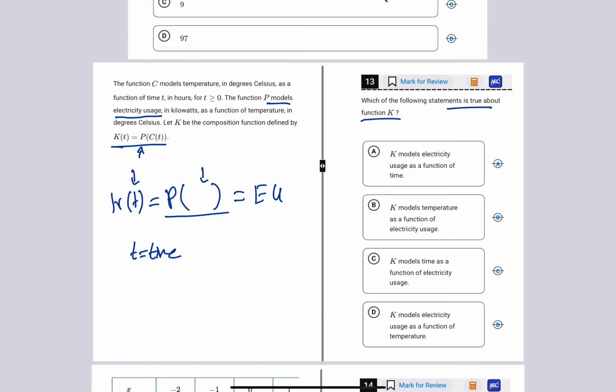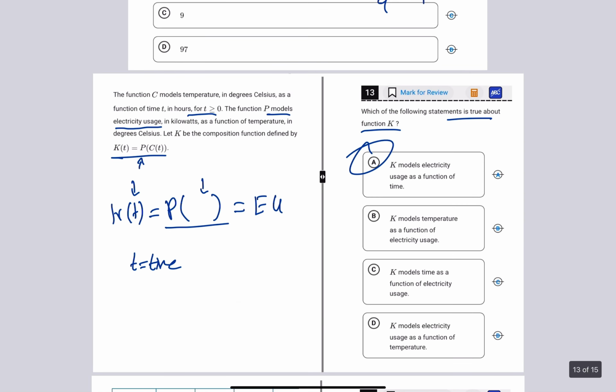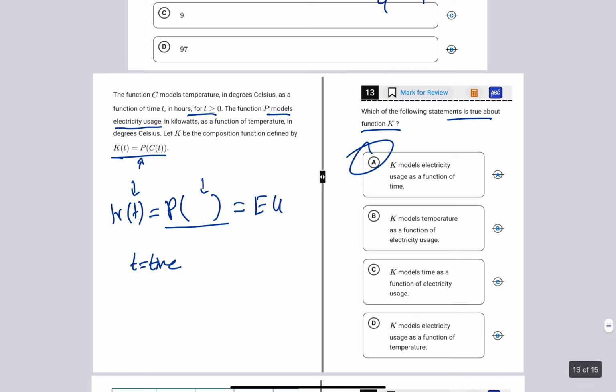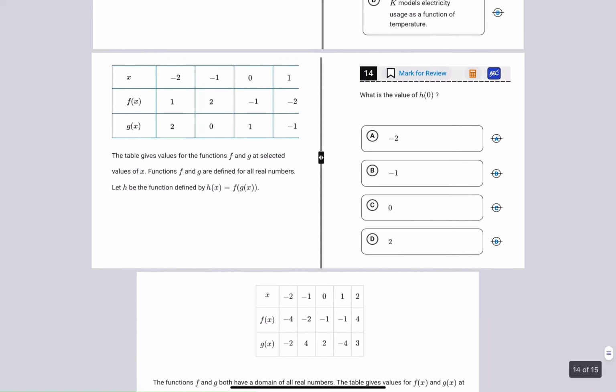Yes, t is time, because they mention time t in hours for t greater than or equal to 0. So it's definitely option A, and that's it. Okay, we can move on to the next one. If you still find complications with this one, just send me a message.